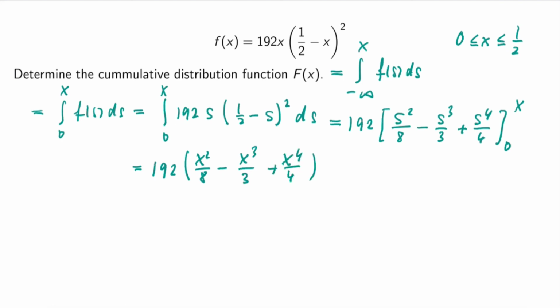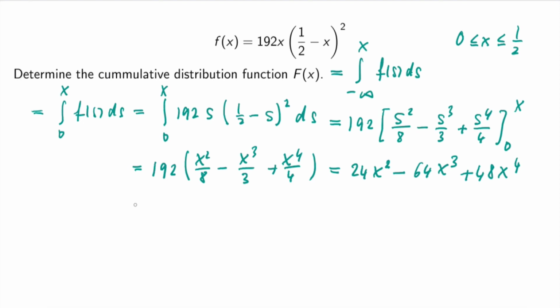If we sub in 0, we get nothing. And then we can multiply in the 192. So we get 24x squared. And 192 divided by 3 is 64, so 64x cubed. And if I divide that big number by 4, I get 48x to the 4.